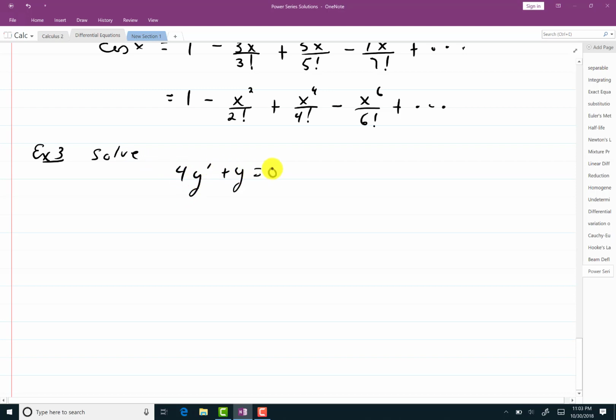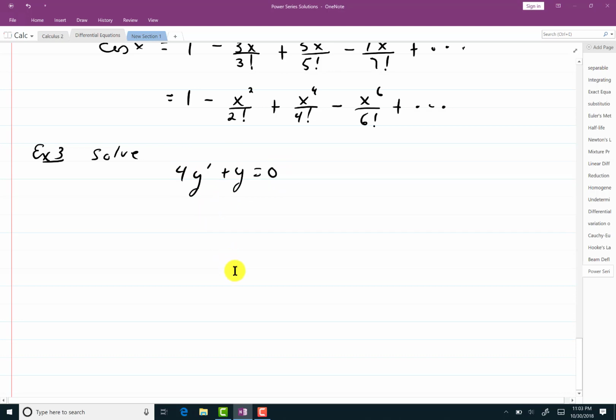This is an incredibly easy thing to solve with our normal methods. In fact, you can just swap the y over there, integrate, and you're done. It's so easy, separable. Or you could divide by 4 and work the integrating factor.